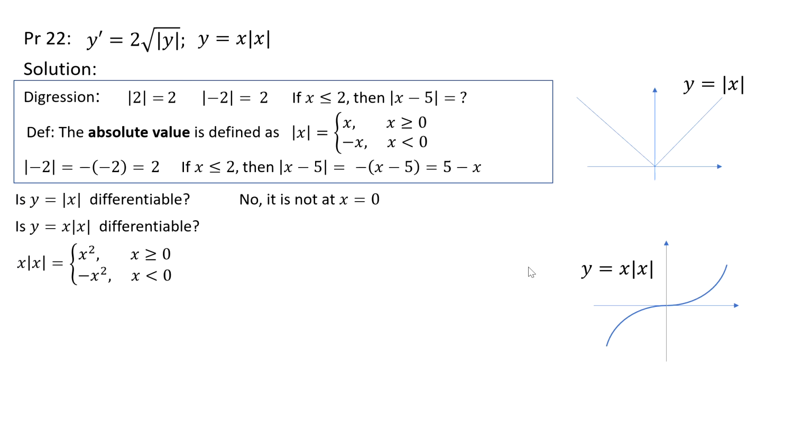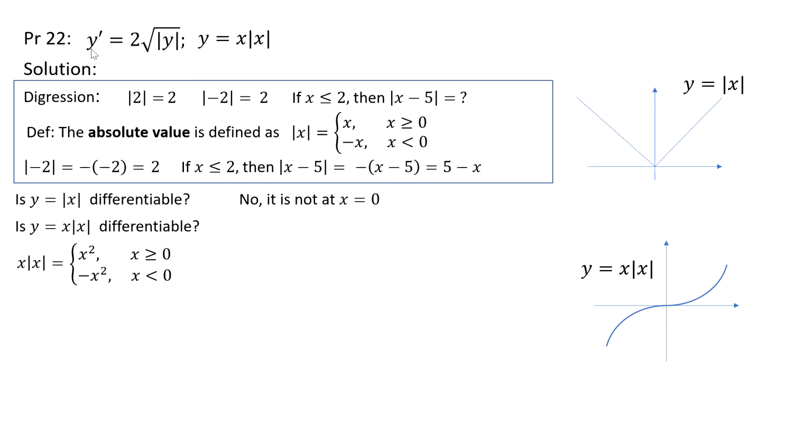Because you're dealing with differential equations. Notice that equation to be y prime equals 2 times absolute value of y. If the question is, is y equal to x times absolute value of x a solution? If y is not even differentiable, how can you talk about y prime? If y is not differentiable, y prime does not exist.